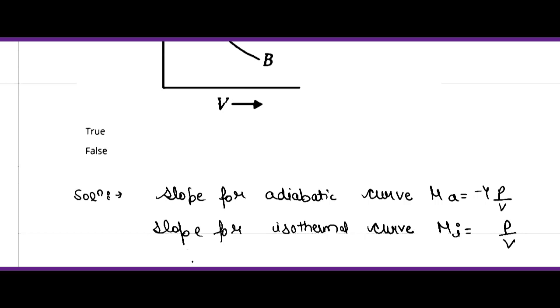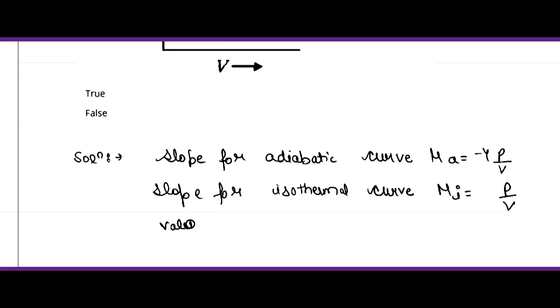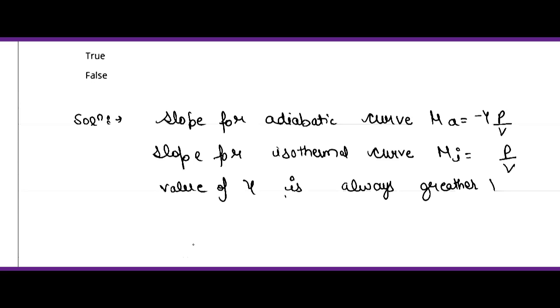So the value of gamma is always greater than 1.